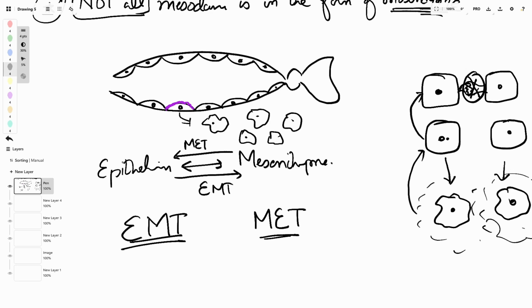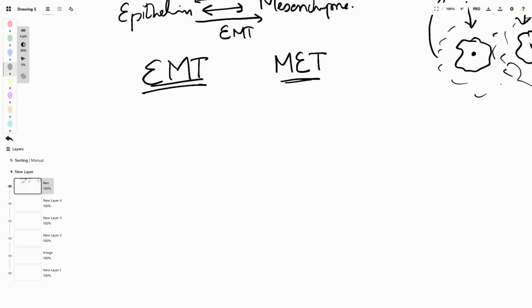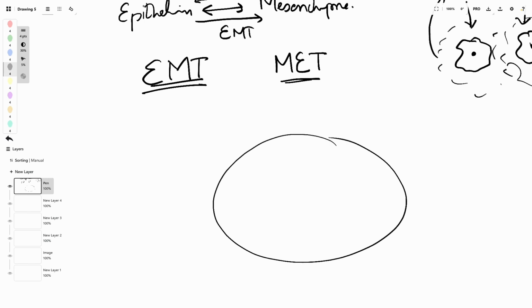So in a nutshell, basically, wherever migratory cells are required, cells have to migrate. For example, let's come up with a simple example. Here we draw the body, a simple body, and here for example we have a limb bud, and then we have the paraxial mesoderm, and it is forming the somite.